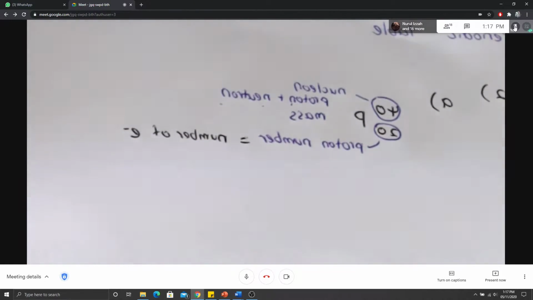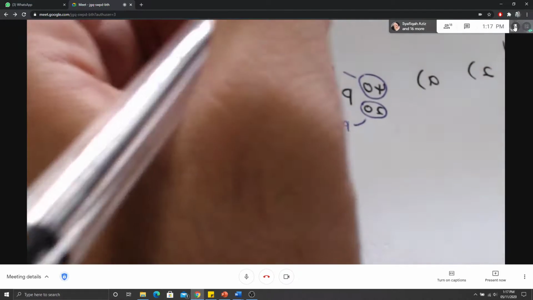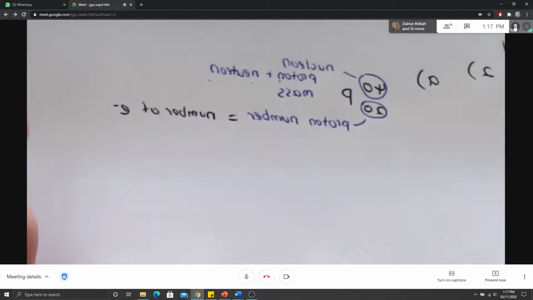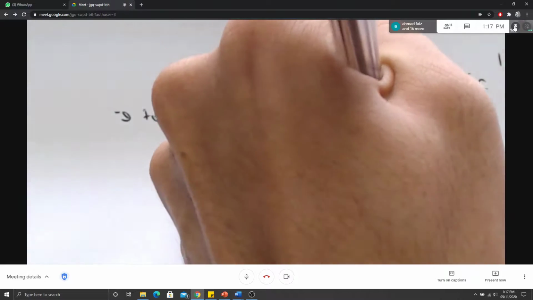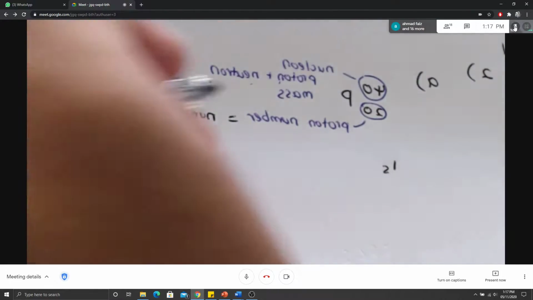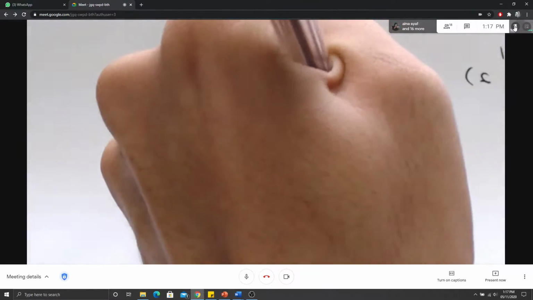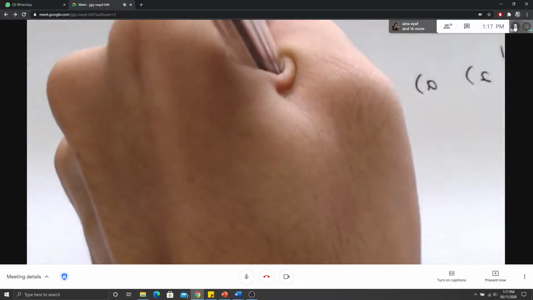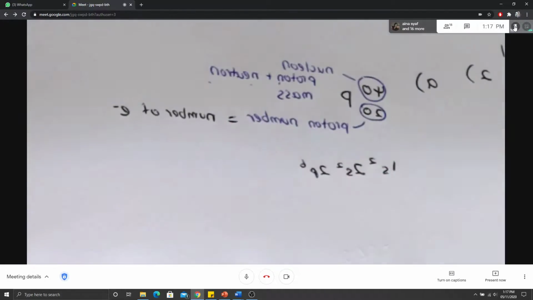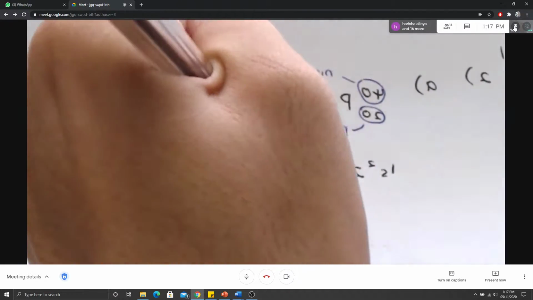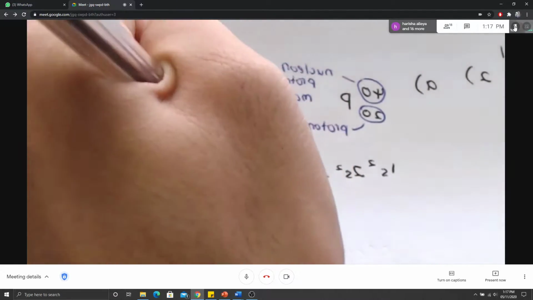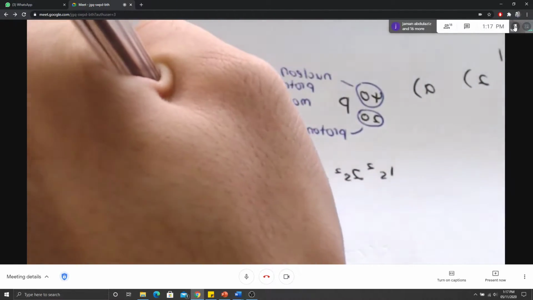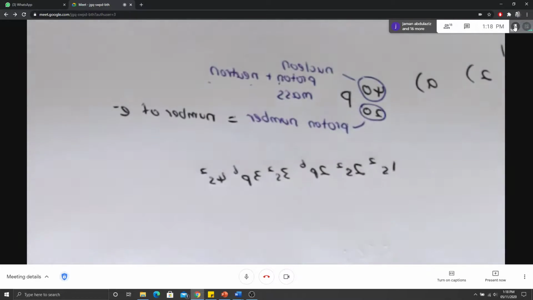I'm assuming you guys are already very expert at doing electronic configuration. So, can you give me the arrangement for 20? We start with 1s2, 2s2, 2p6, 3s2, 3p6, 4s2.